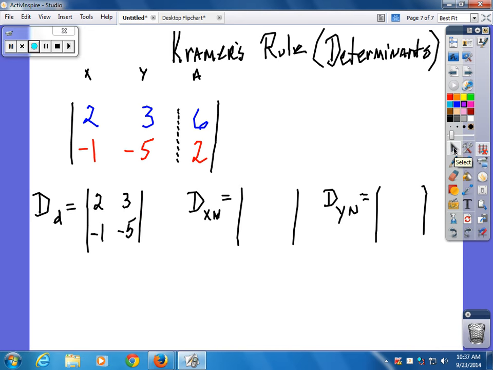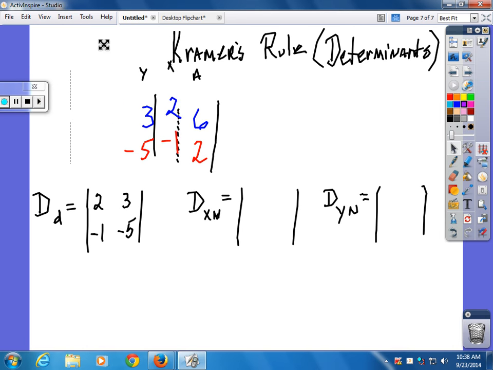I want my X numerator, so I'm going to take my X column out and move it over here on the side of the page.